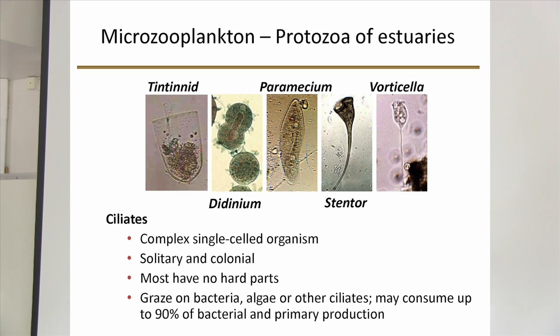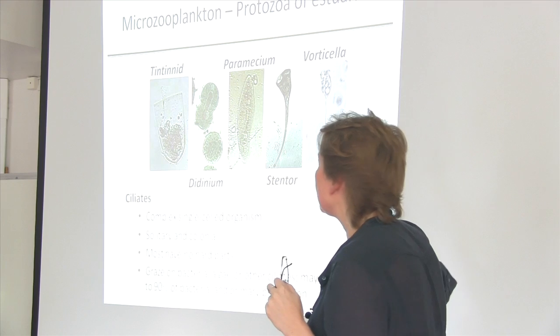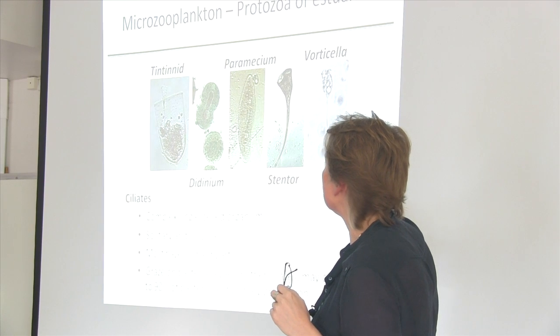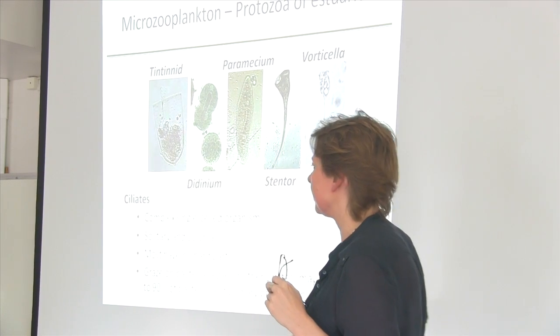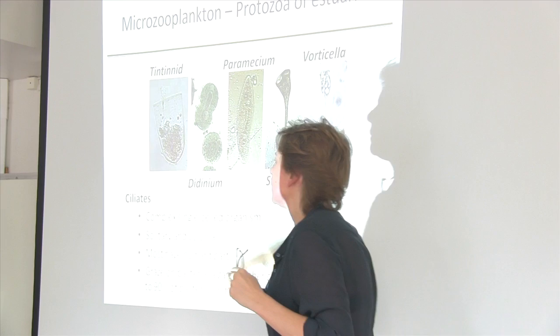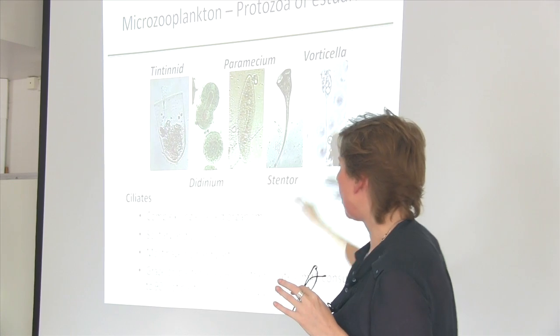So, protozoa of estuaries. Ciliates are very, very abundant and very, very diverse in estuaries, including the Baltic Sea. Those are complex single-celled organisms. They could be free-living like Paramecium. They could also be sitting like Vorticella or Stentor. Solitary and colonial, they can build colonies. Most ciliates are soft, have no hard parts.